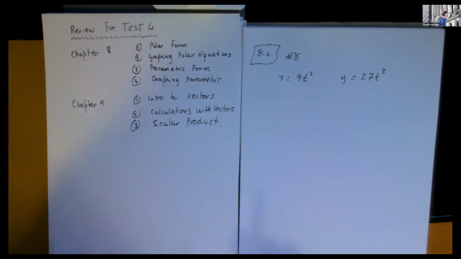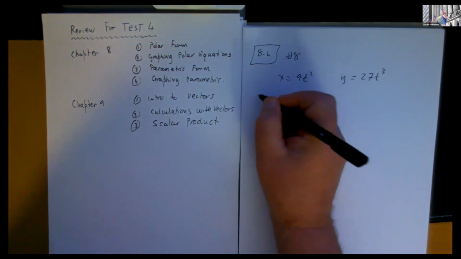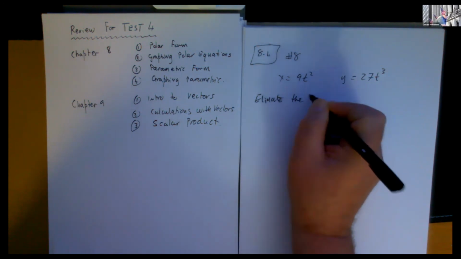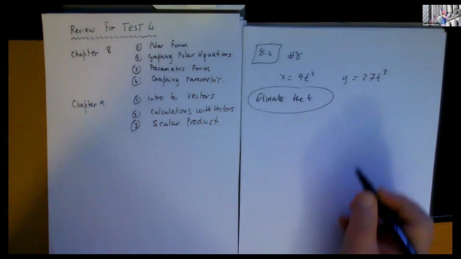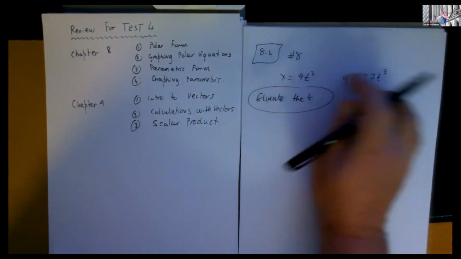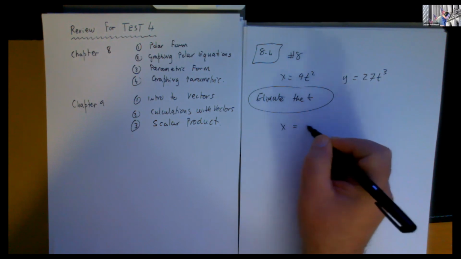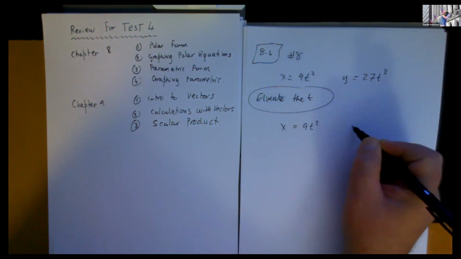Okay, so we're essentially being asked to eliminate the t, which is just a fancy way of taking this parametric equation and rewriting it as a connection between x's and y's. And there are lots of correct answers to this question. There's lots of different flavors of the same piece of information. So that's the first maybe issue. So I'm just writing it back down again here.